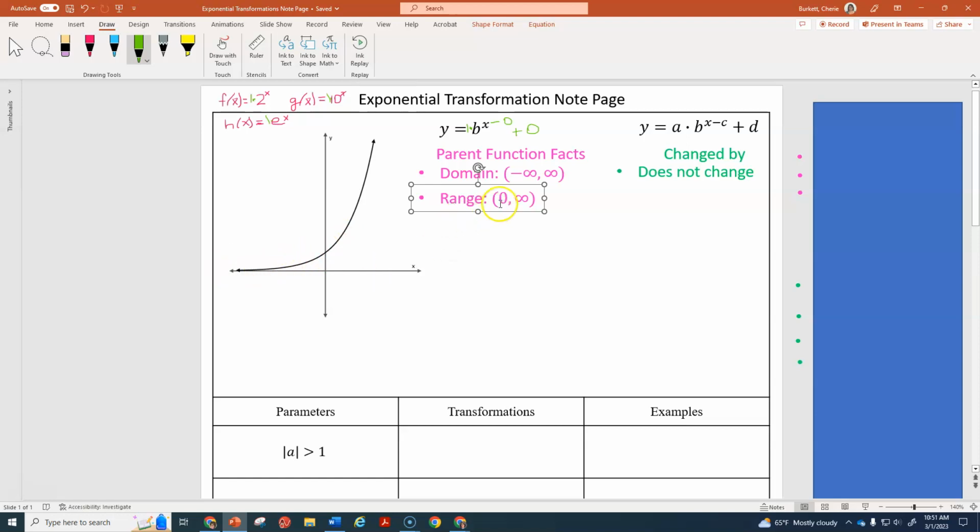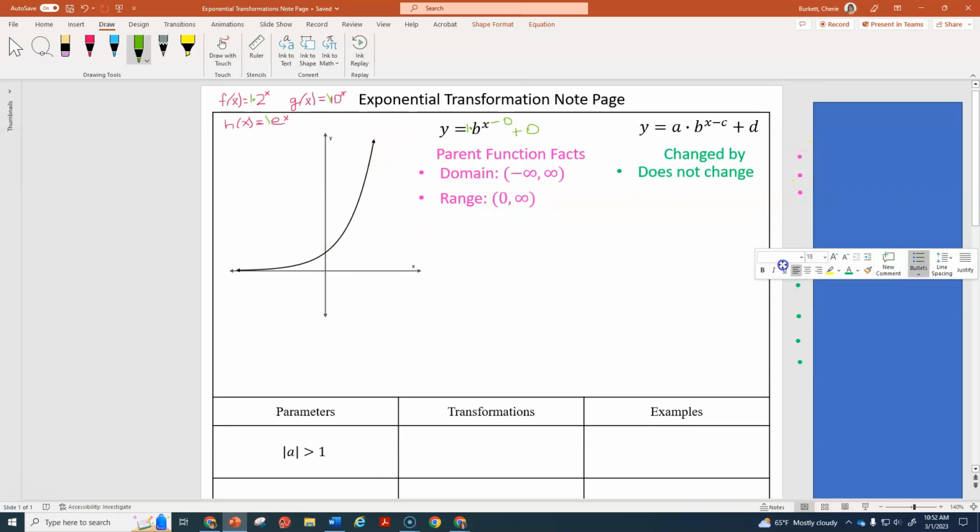So my range is going to start at 0, but it's not going to include it. That's why I have a parenthesis right there, not a bracket, but it is going to go to infinity. As I read this graph from the bottom up, which is what we do for range, the first y value is not exactly 0, but it's really close to 0, and then the y values go to infinity.